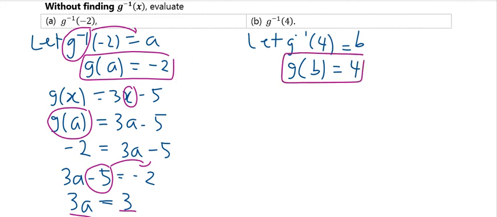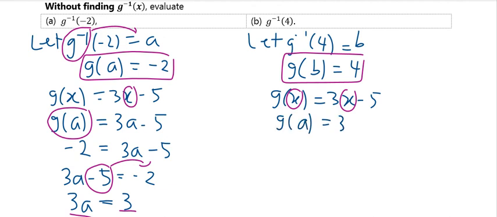Now proceed with what you have been given, which is g(x) equals 3x minus 5. Now when you replace x with b, you will have g(b) equals 3b minus 5. I'm sorry, just replace this with b, sorry about that.